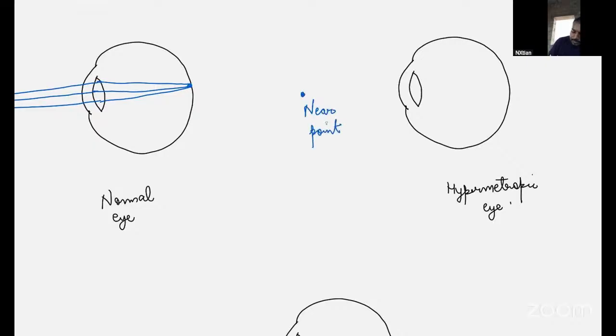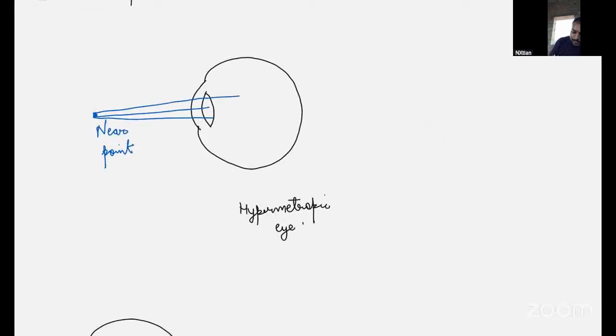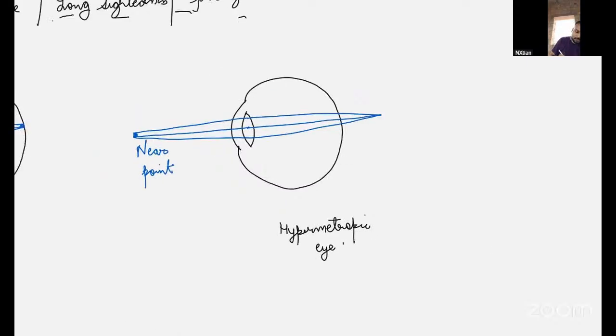When they make an image, you can see the image is formed behind the retina.